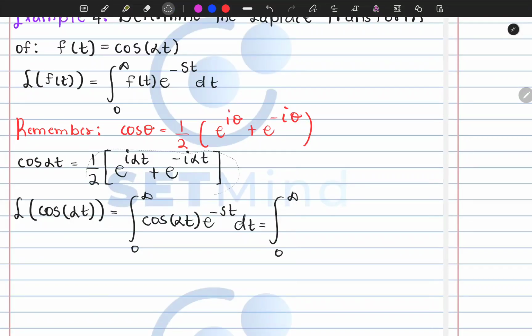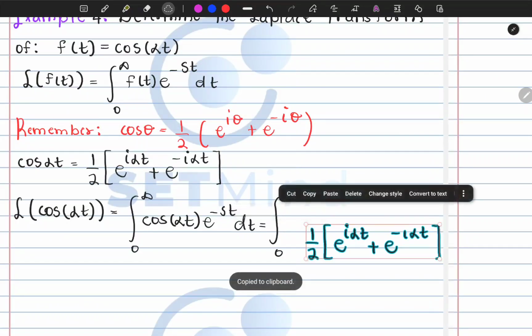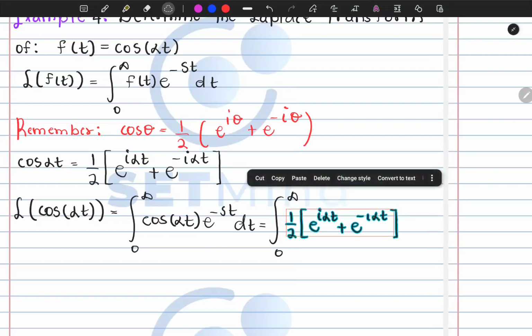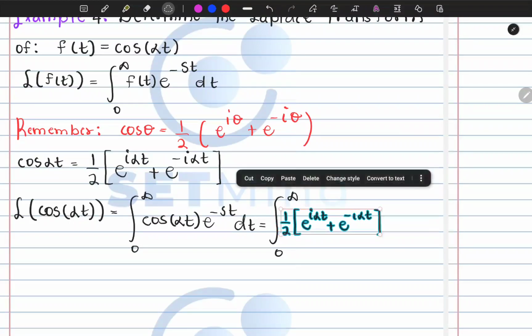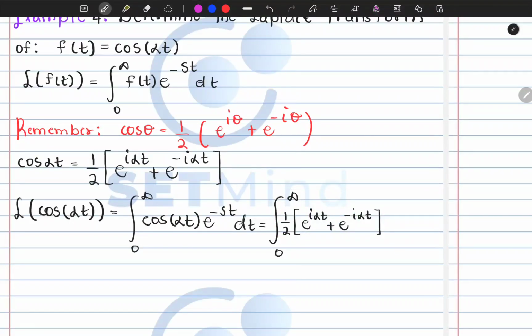Let's write our cos in a way which is easy to work with. If you look carefully, there's our cos, and it's going to be multiplied by e to the power of negative st dt.